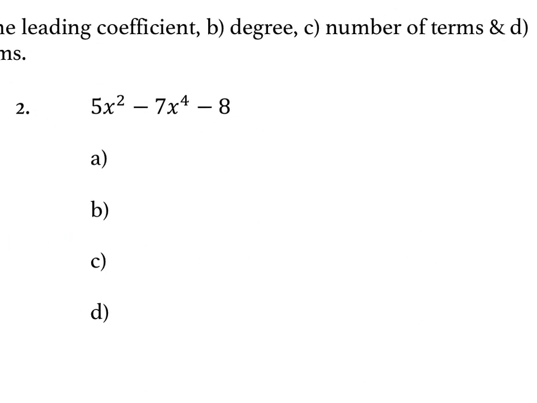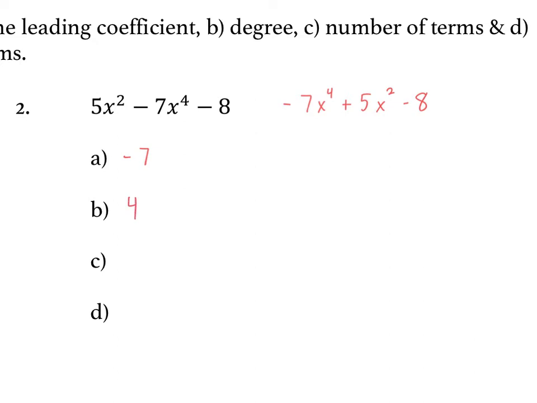Okay, put this in standard form. The term with the biggest exponent we'll write first. Leading coefficient, the first number you see, -7. The degree, the biggest exponent that you see.